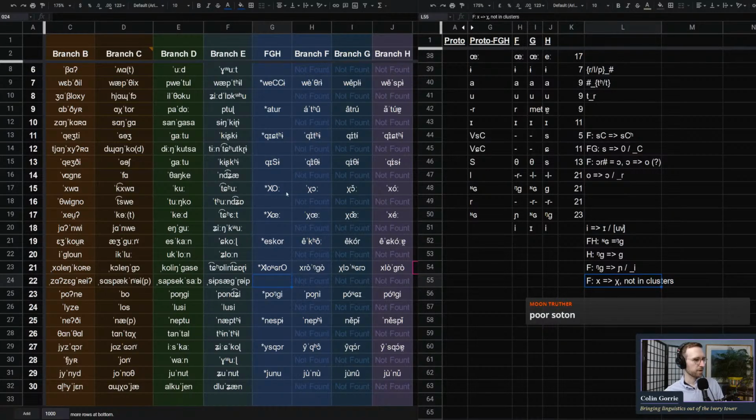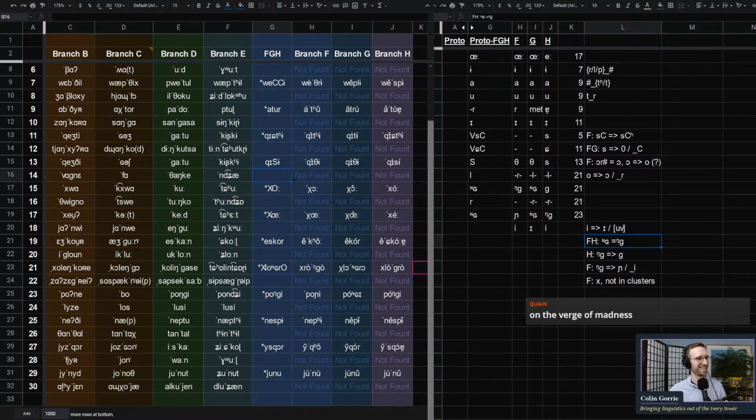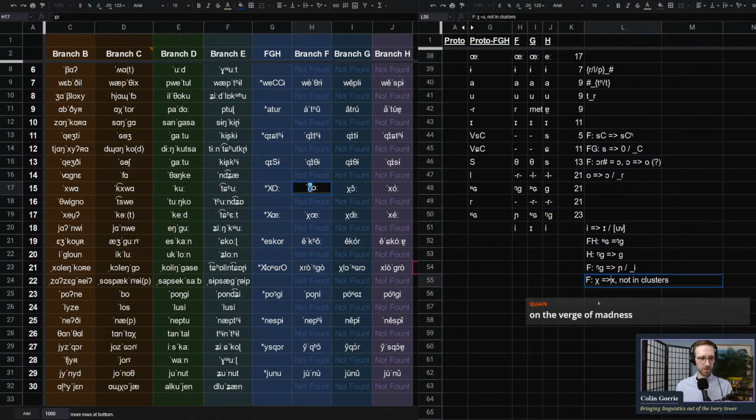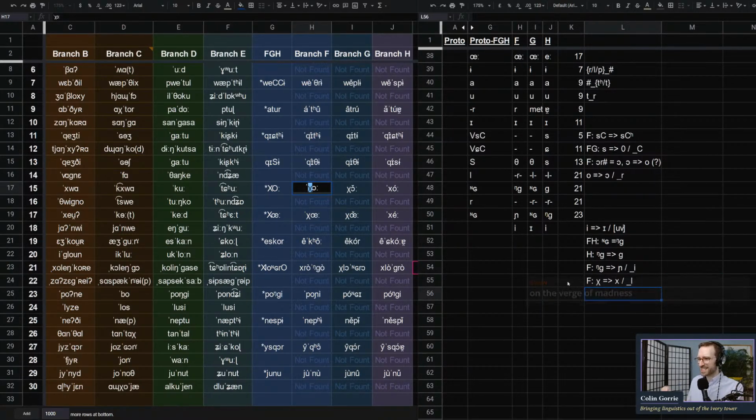And then F goes from the uvular to the velar in clusters. So I don't know, we haven't before L so far. I know, poor Sawton. This must be painful for you. I think this is viable. I think this is very viable.